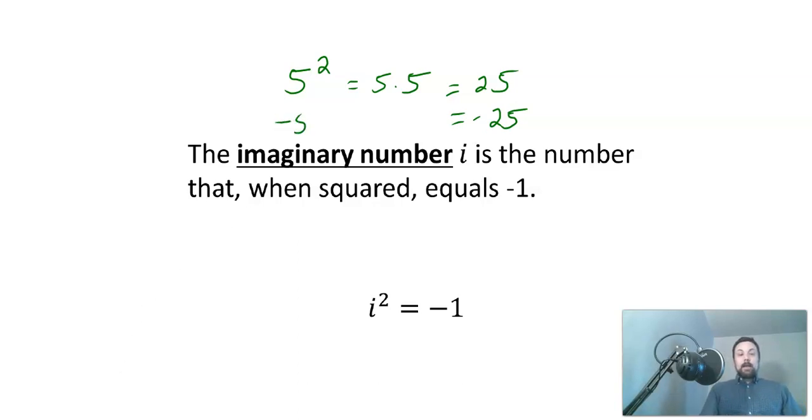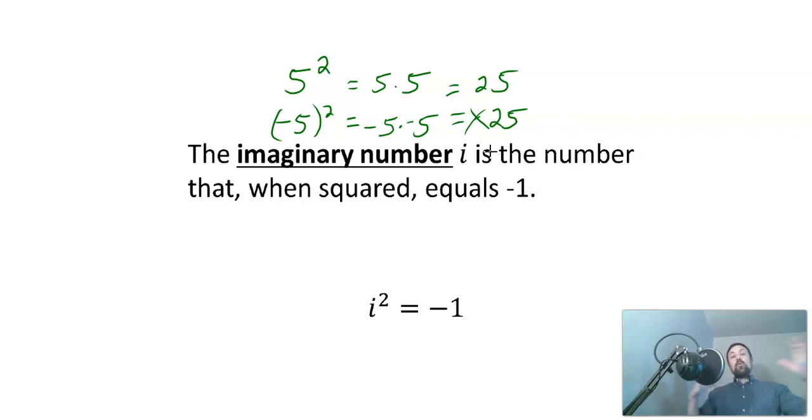So if we take -5 and we raise that to the second power, you have to use parentheses to make sure you're raising the whole thing to the second power. And when you do that, that means you take the -5 and you multiply it to itself twice. And so we would take -5 times -5, which would not equal -25, it would equal +25. So even -5 squared will not come out negative.